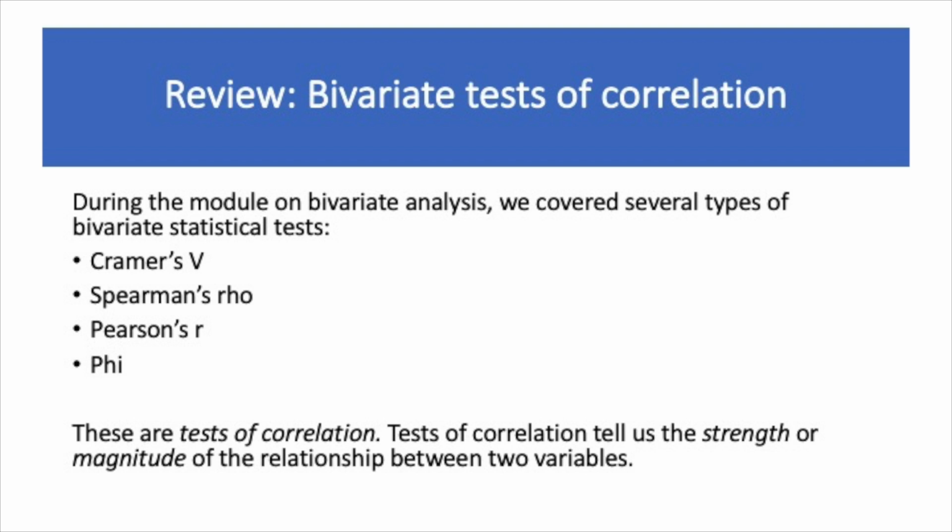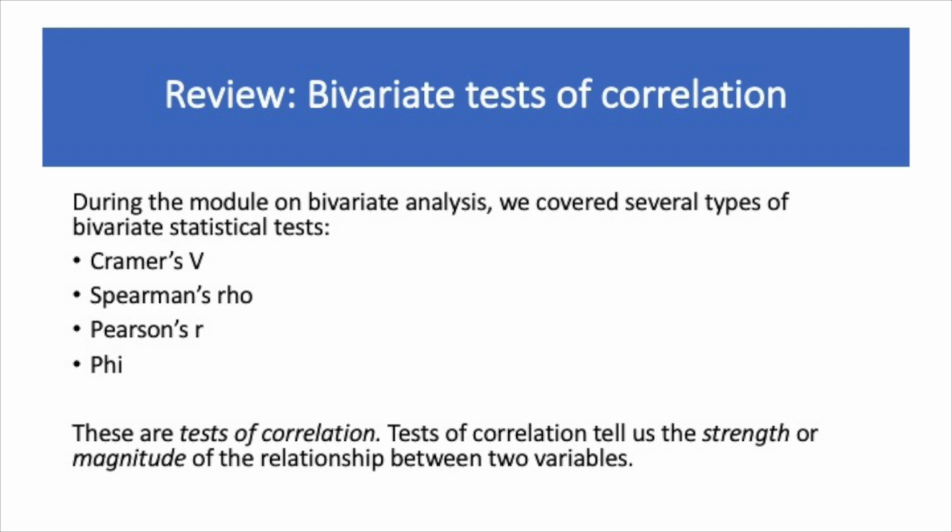I'm going to start this module with a bit of review. Okay, so remember that just a couple weeks ago we talked about bivariate tests of correlation. And we covered several types of bivariate statistical tests: Kramer's V, Spearman's Rho, Pearson's R, and Phi. I want you to recall that these are tests of correlation. And tests of correlation tell us about the strength or the magnitude of the relationship between two variables.